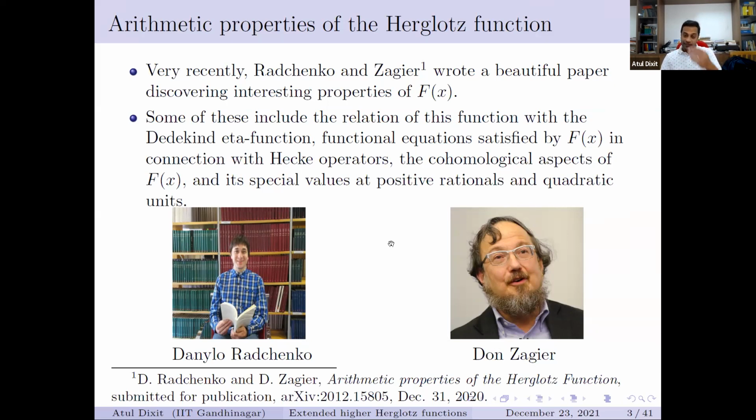But this time they found many more functional equations which are in connection with Hecke operators on modular forms. Then they had cohomological aspects of F of x discussed in their paper, and special values of these functions at rational numbers and at certain quadratic units. So it's a very beautiful paper. I urge everybody to read it, a quite dense paper also. It's only 18 pages, but it really has a lot of things in there.